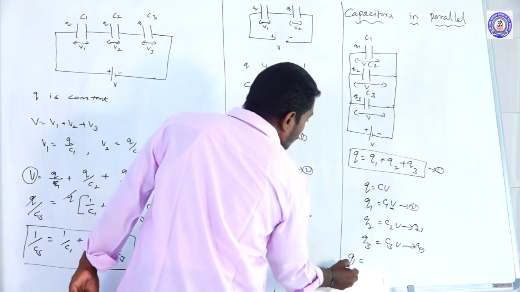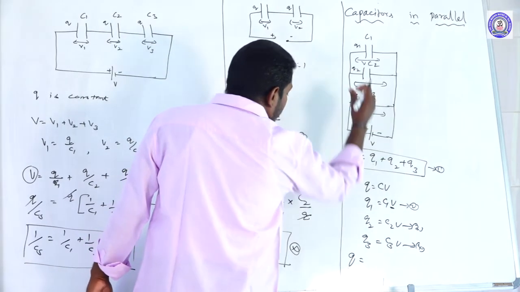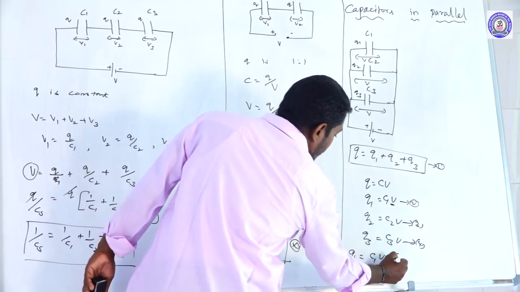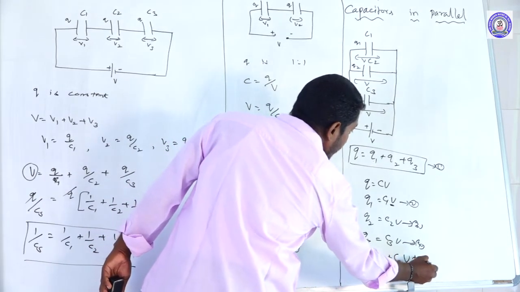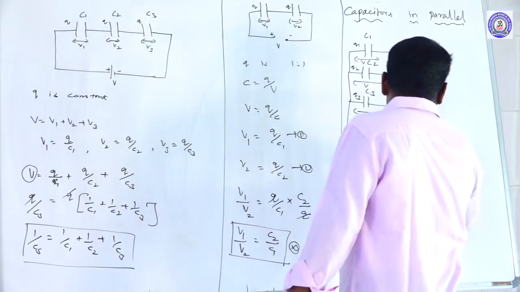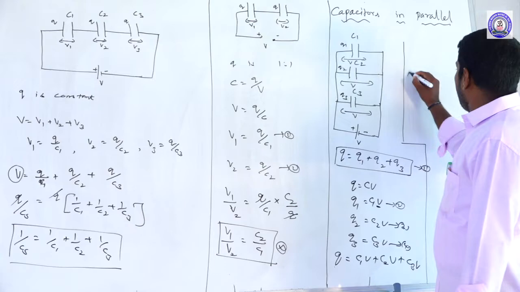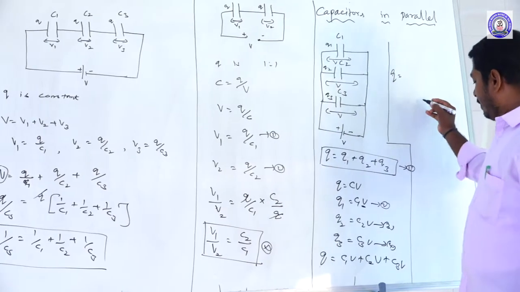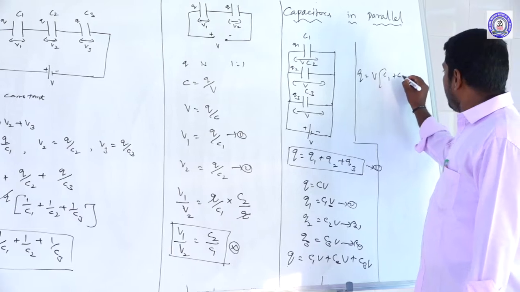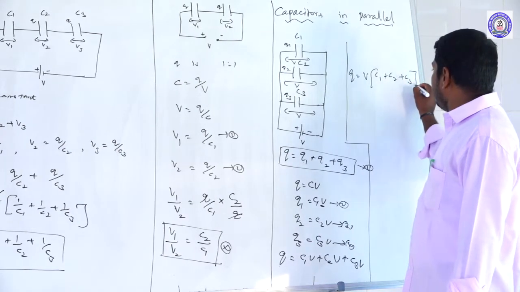The total charge provided by the battery in parallel combination Q is equal to C1V plus C2V plus C3V. Then Q is equal to, taking V common, V into C1 plus C2 plus C3.